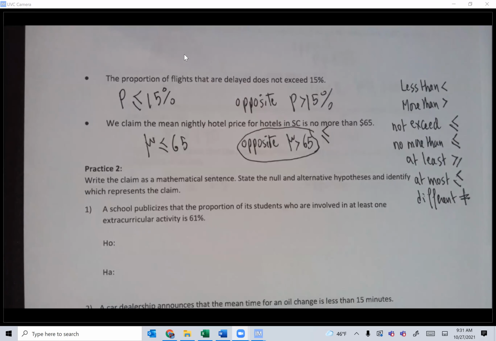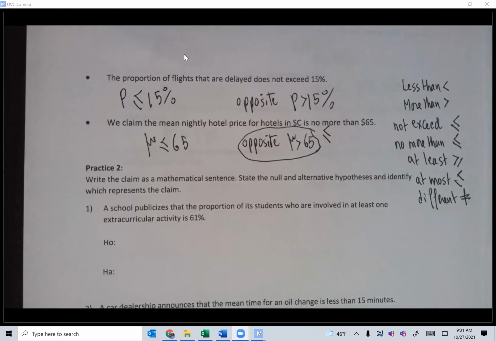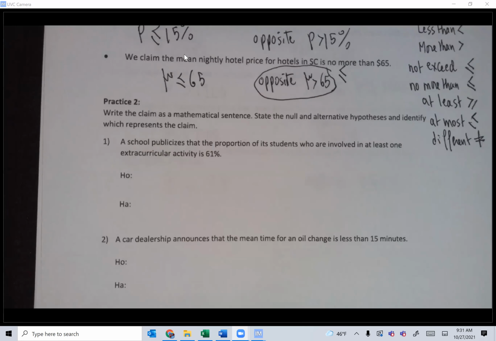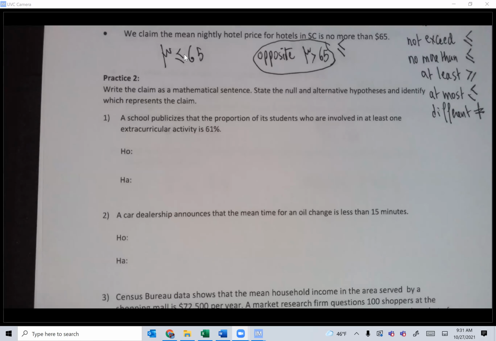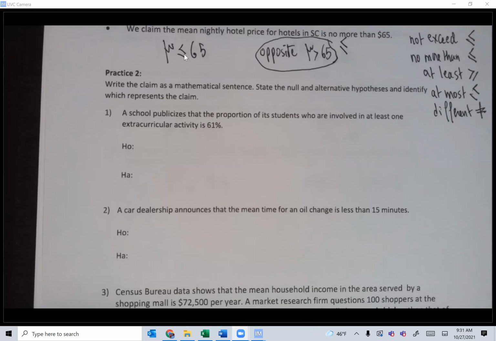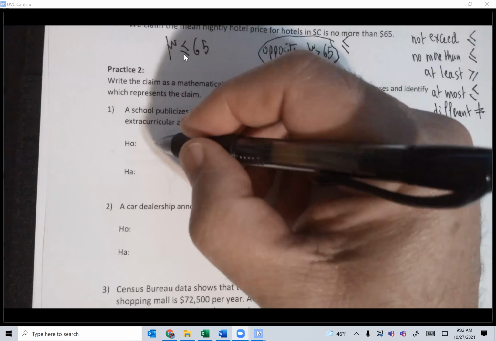Okay, now, this is what we did last class, guys. This is where I spent almost 40 minutes just stating those hypotheses. We're gonna do some more. Write the claim as a mathematical sentence, state the null and the alternative hypothesis, and identify which one represents the claim. A school publicizes that the proportion of its students who are involved in at least one curricular activity is 61%. So is means equal.